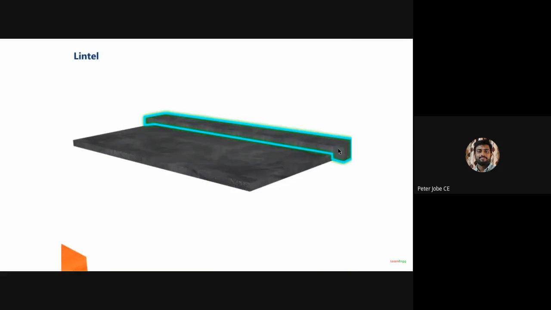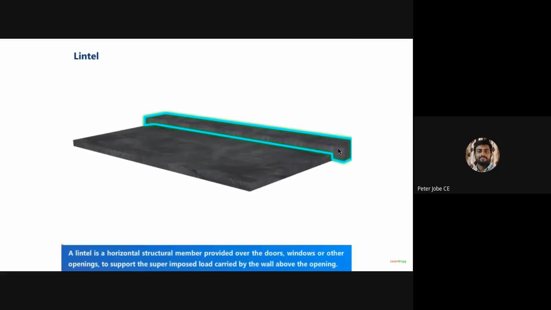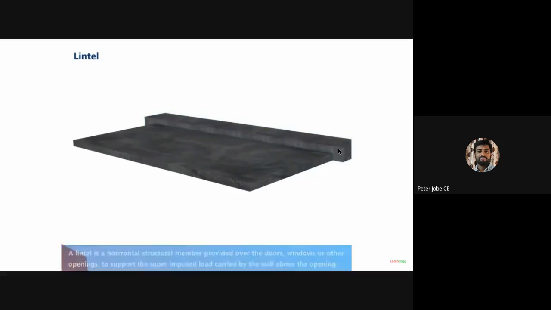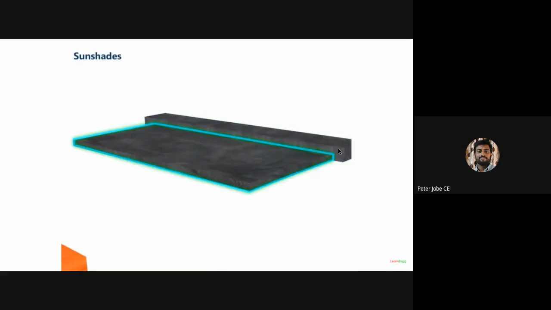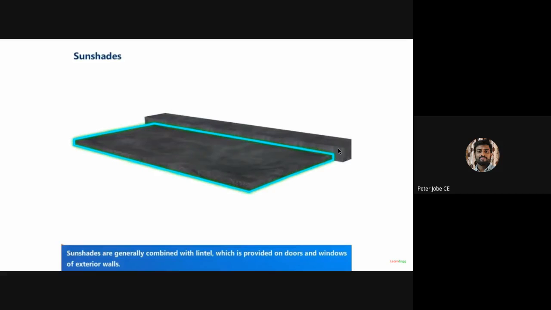The lintel is the long structure which is currently highlighted. And now they are highlighting the sunshades.